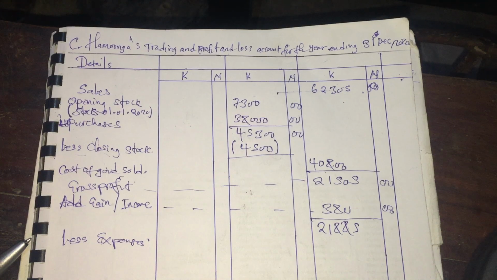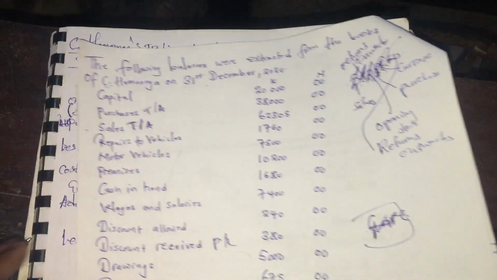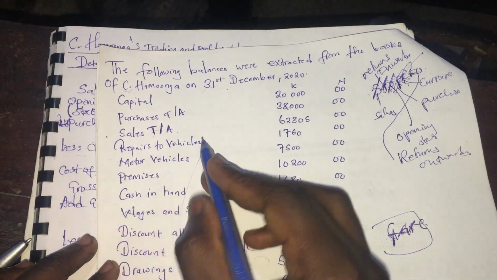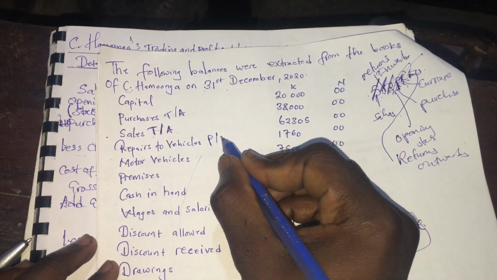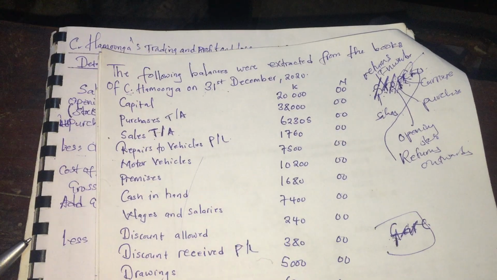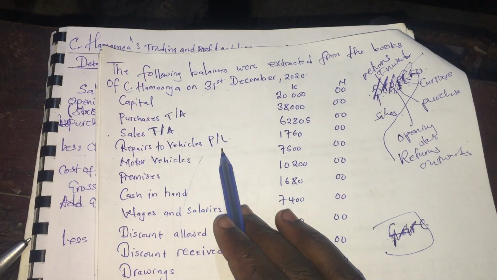Now if you check here, we do have expenses. Repairs to vehicles, we're going to indicate it as PL, profit and loss, because it's an expense. If your car has a problem, you have to take it to the repair shop to be repaired, so you'll be spending money.